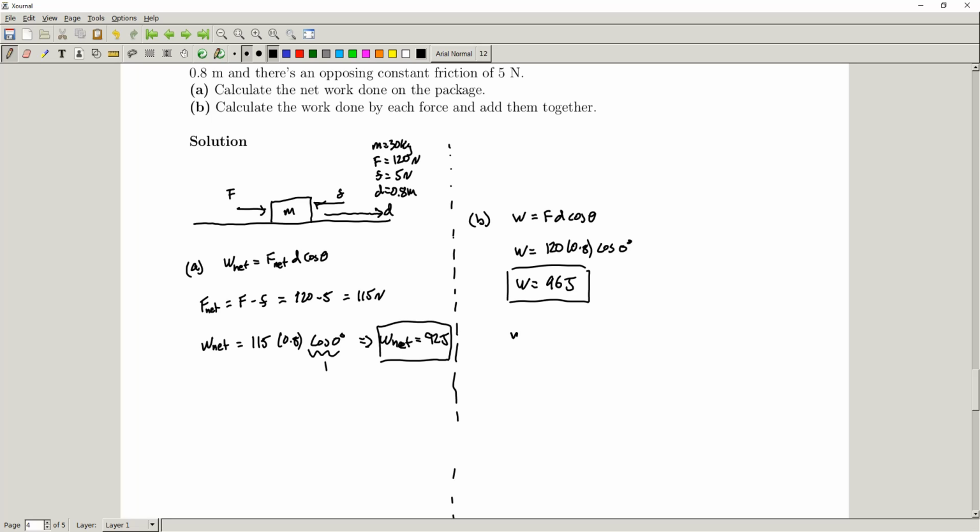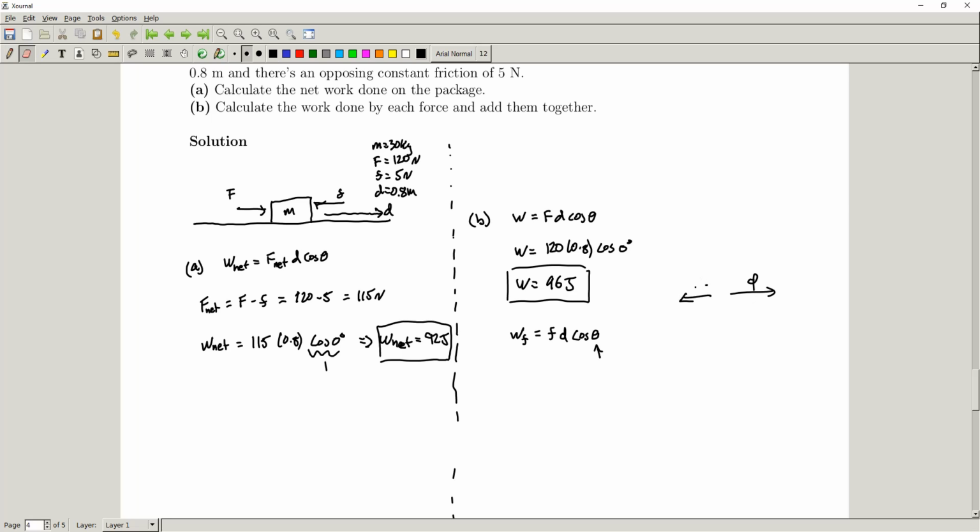Let's now take a look at the work done on this object by the force of friction, which I'm going to label that way, and that's going to be equal to the magnitude of our force of friction, the distance of our displacement, and the cosine of the angle between them. And so what is that going to be? Well, first of all, what's the angle between them? The angle between them is 180 degrees, right? Because our force of friction points this way, but our displacement points that way.